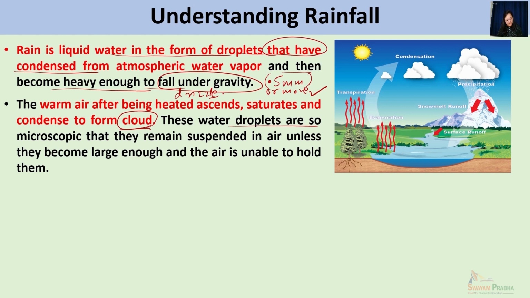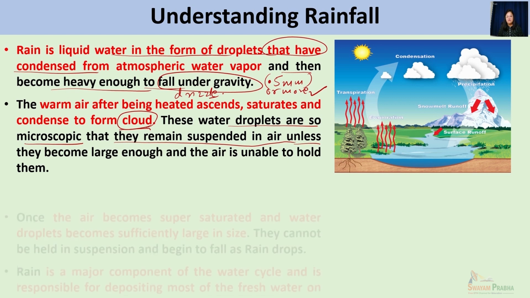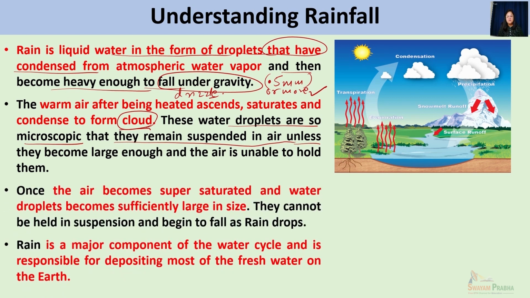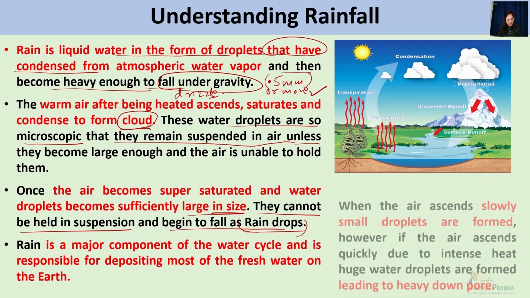These water droplets are so microscopic that they remain suspended in air unless they become large enough and the air is unable to hold them. And finally, once the air becomes supersaturated and water droplets become sufficiently large in size, they cannot be held in suspension and begin to fall as raindrops.